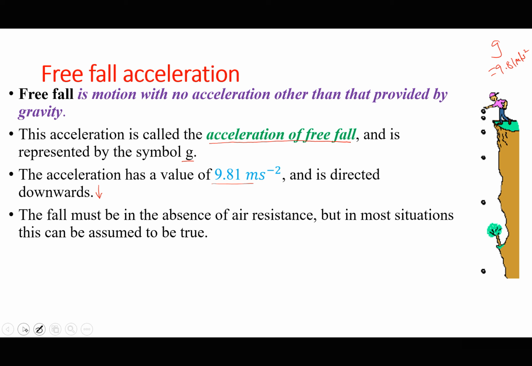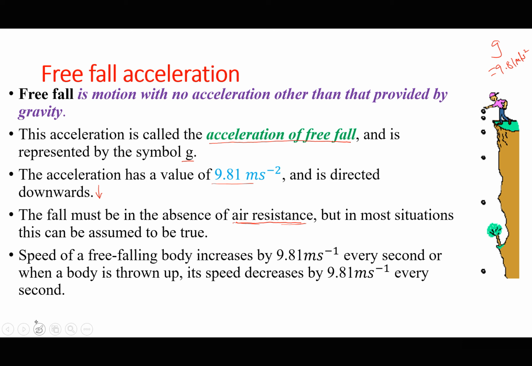The fall must be in the absence of air resistance. This acceleration remains uniform if air resistance is negligible. In most situations this can just be assumed to be true, although we cannot assume that air resistance is always absent every time an object is falling. This statement of 9.81 meters per second squared means that the speed of a free-falling body increases by 9.81 meters per second every second.